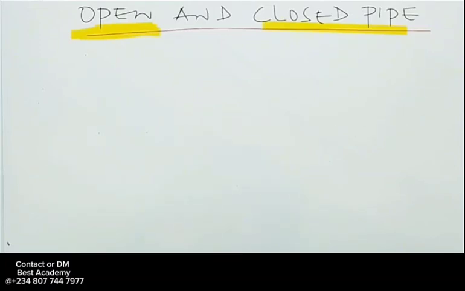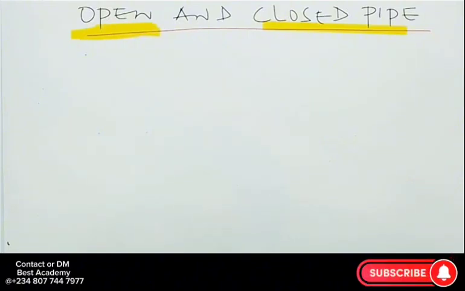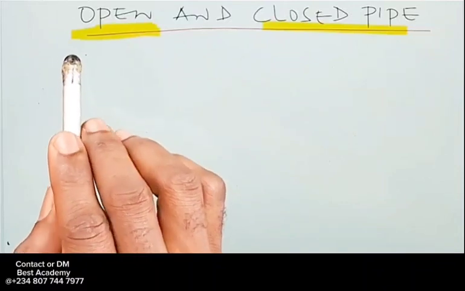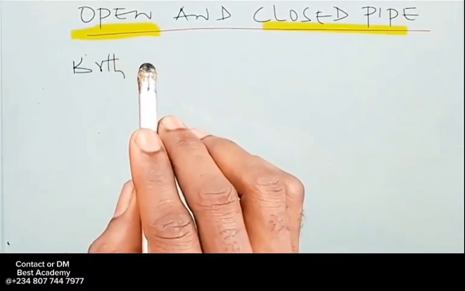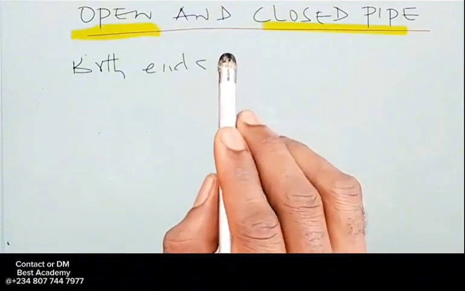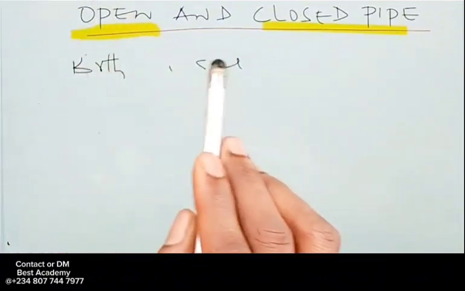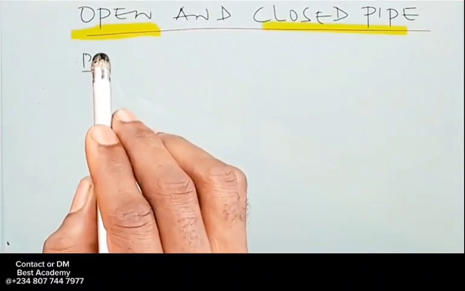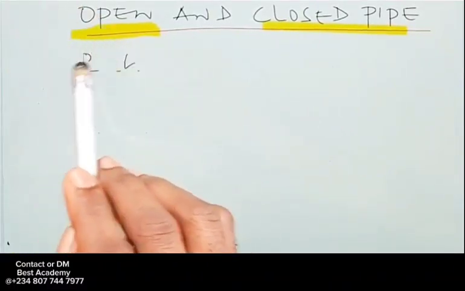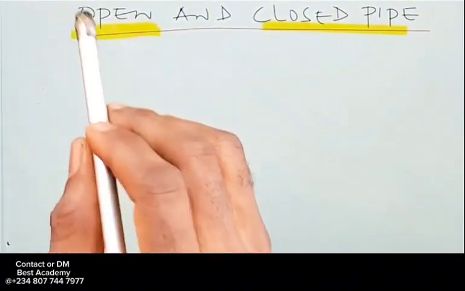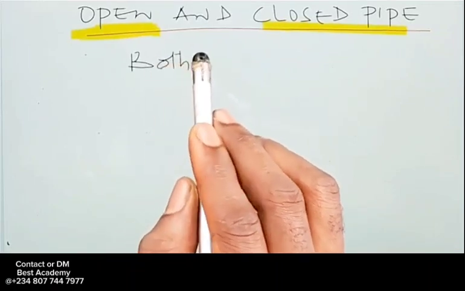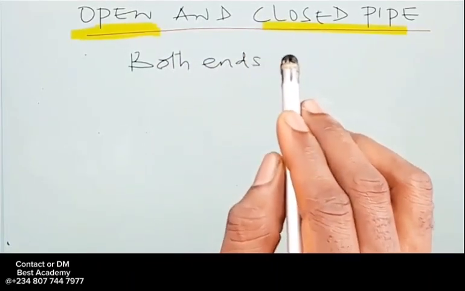Please write: an open pipe is a tube that is open at both ends. So it means that in an open pipe, both ends are open.